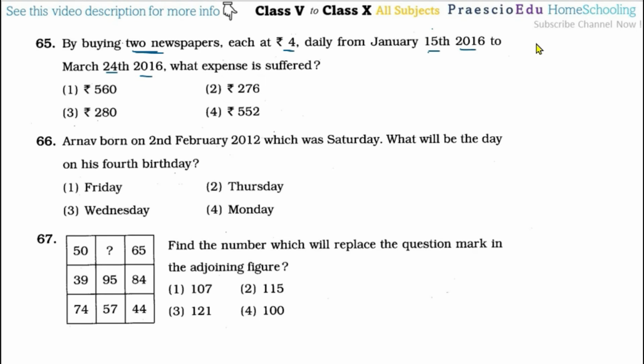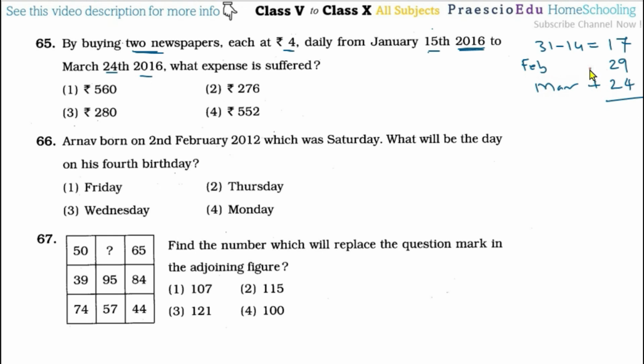So in January we have to do 31 minus 14 to get the number of days the newspaper is purchased, so that is 17. Then for February, 2016 is a leap year, so that is 29 days, and March up to the 24th.